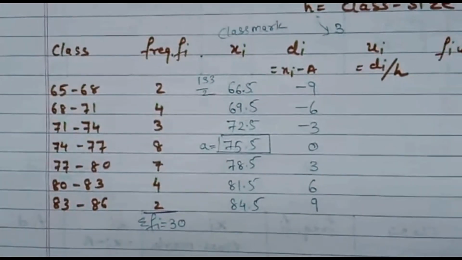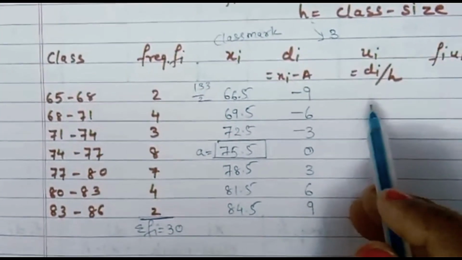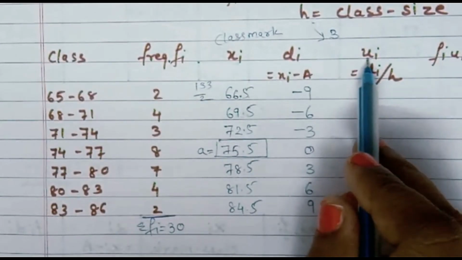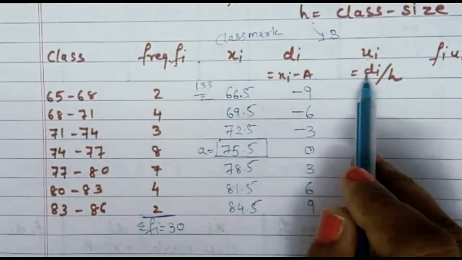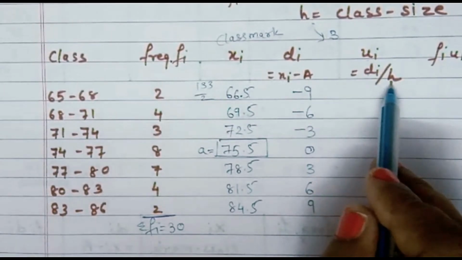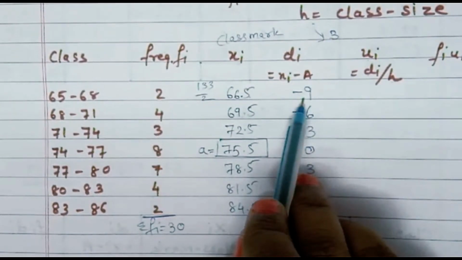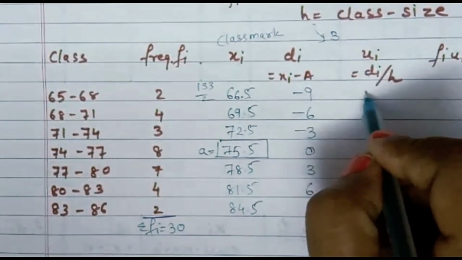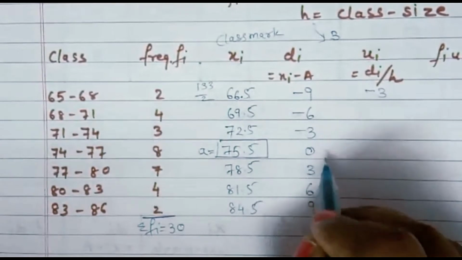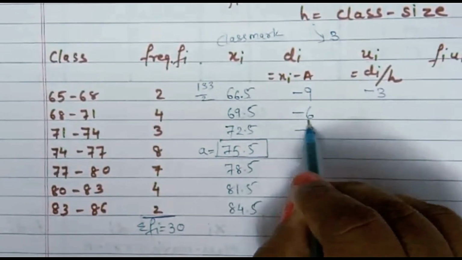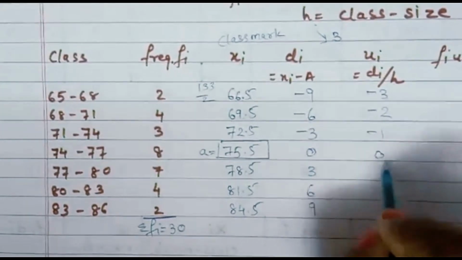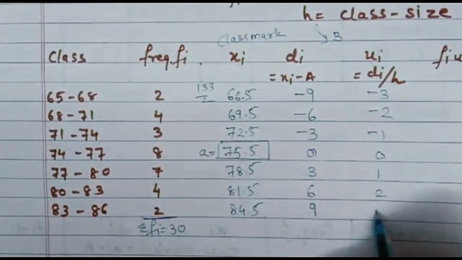Now please see, definitely it will be easy to multiply, but not as easy as with the value of ui. When I obtain the next column ui, it is just di upon h. So this di was minus 9. Minus 9 divided by the value of h, which was 3. So is it a smaller number, minus 3? Then same way minus 6 upon 3 will become minus 2, minus 1, 0, 1, 2 and 3.